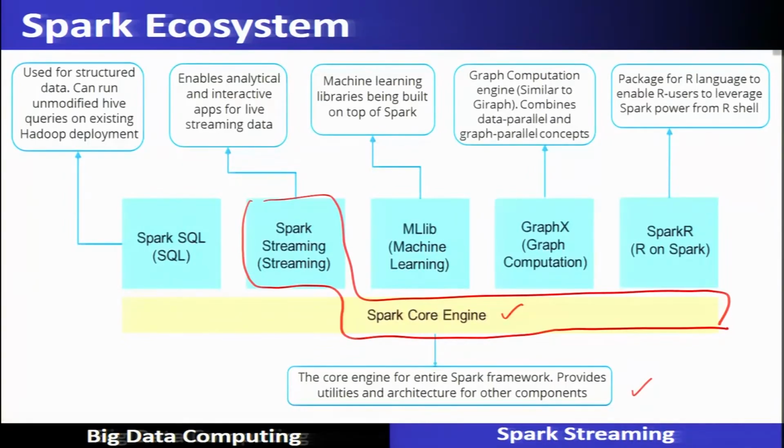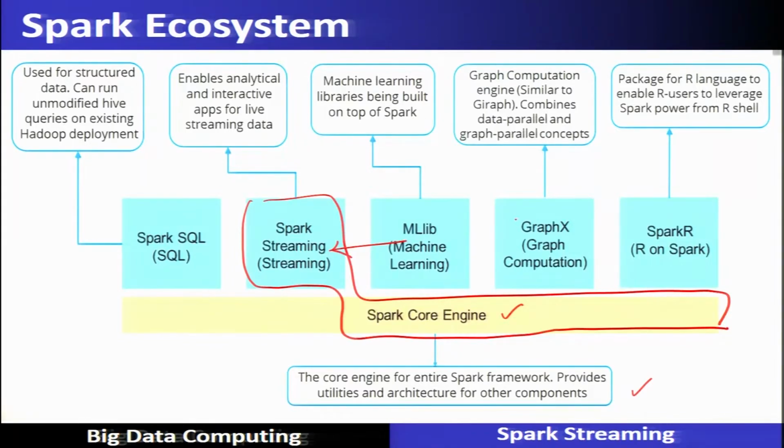For example, the analytics required on streaming data may sometimes need machine learning to be applied to it. With one single common stack, the Spark core engine, the machine learning libraries built on top of Spark can also be used for analytics of the streaming data.